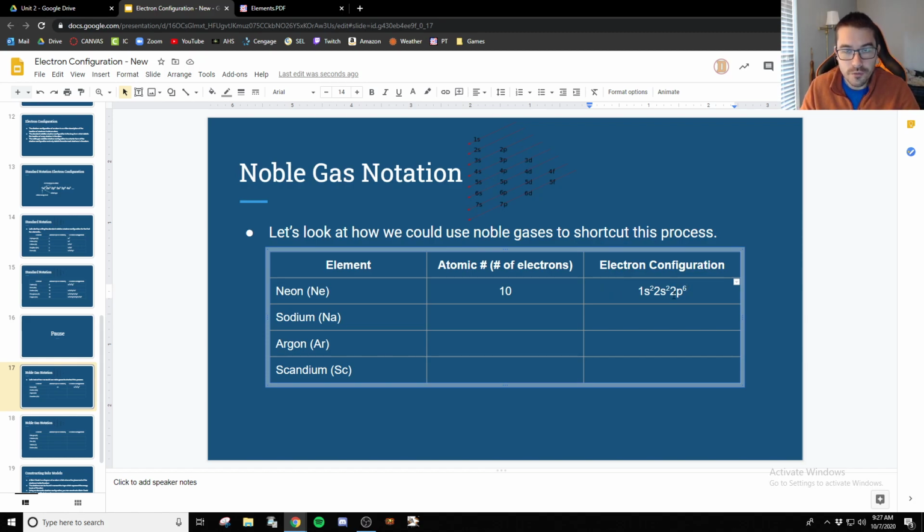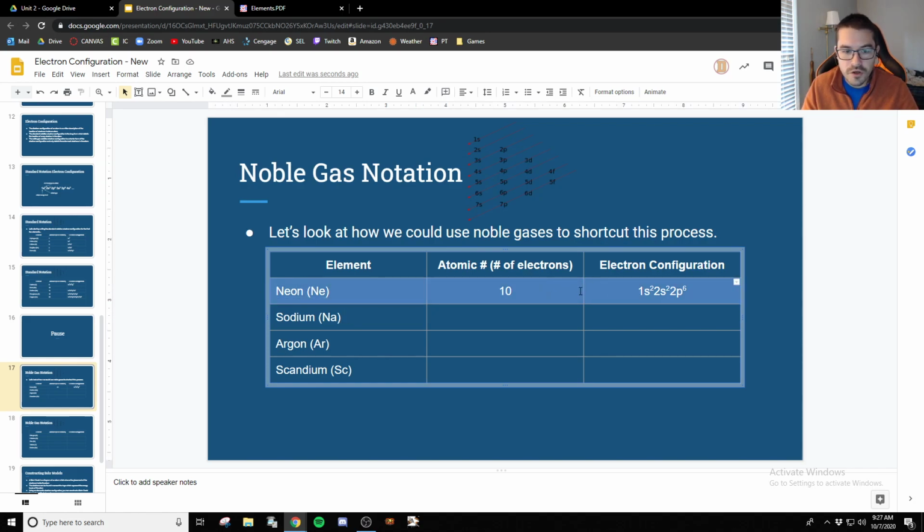What we're going to do is learn how to write the noble gas notation, and I'm going to show you how that works on the next element up. So this is just the standard notation for neon, nothing new there.